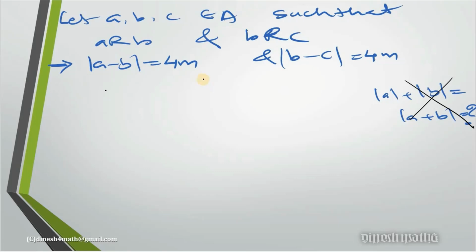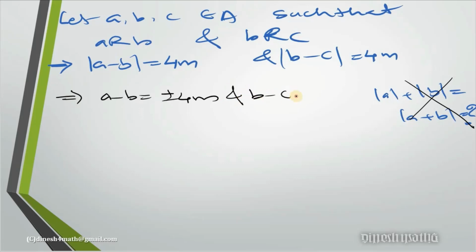So to add these two magnitude quantities, first of all, remove the magnitude sign. a minus b is equal to plus or minus 4m. So modulus of 2 means you are getting 2. Even if you input 2 or minus 2, you always get a positive 2. That is why this number could be plus 4m or negative 4m.